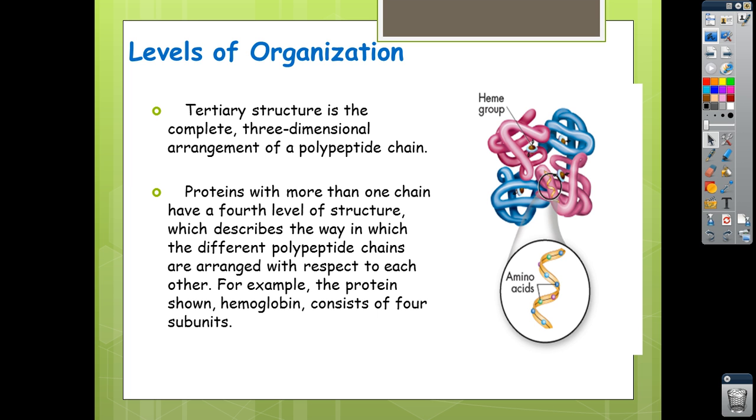You have your polypeptide chain that starts to link. There's your primary. It starts to then fold. There's your secondary. It continues the fold until it develops that 3D arrangement. There's your tertiary. And then you start linking several of them together, and you end up with a protein. So for example, the protein hemoglobin consists of 4 tertiary structures.